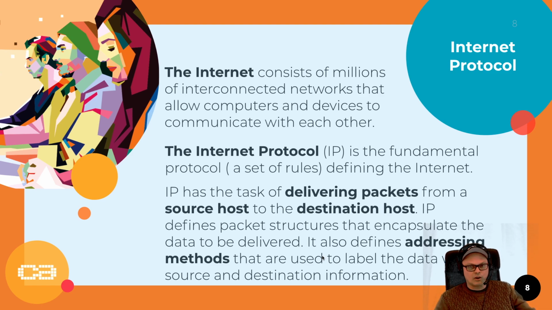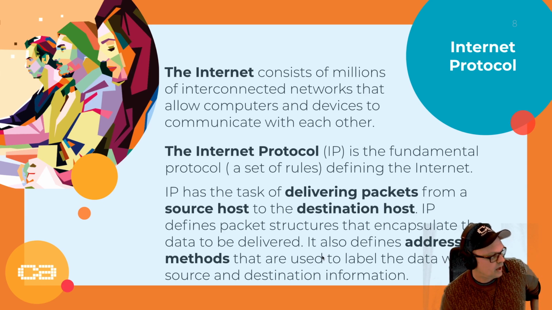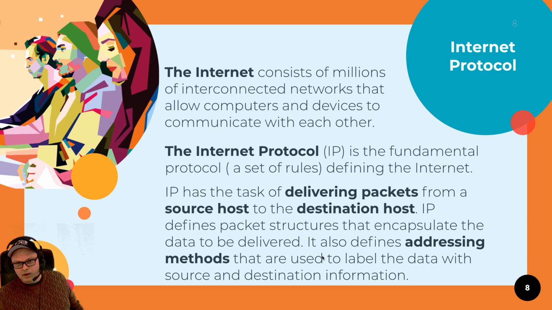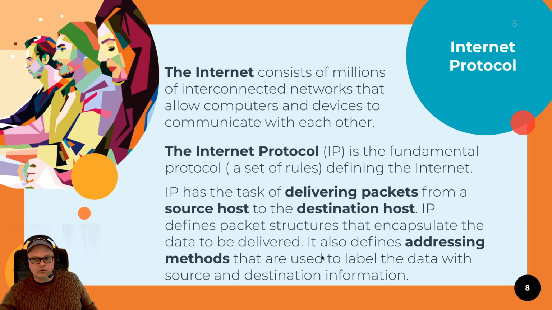And that protocol is called the Internet Protocol. And a protocol is pretty much just a set of rules that you can use in order to communicate with devices, or that you use to send data across the network and to different clients.